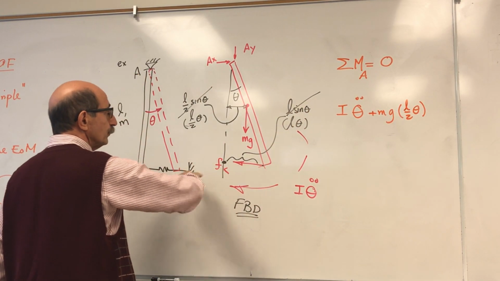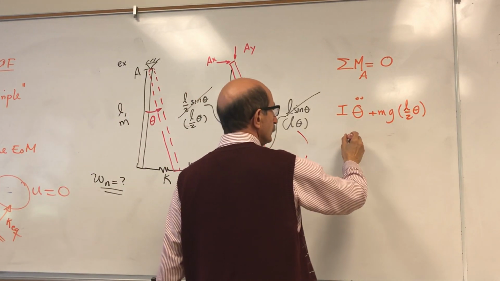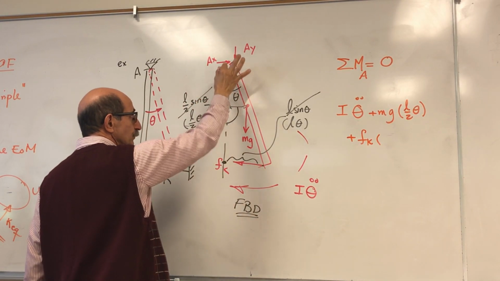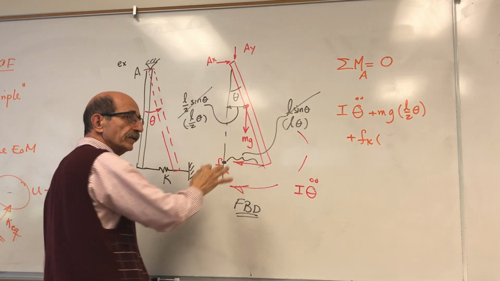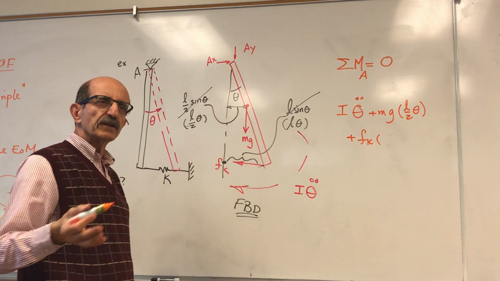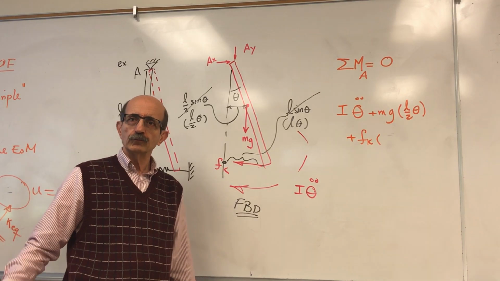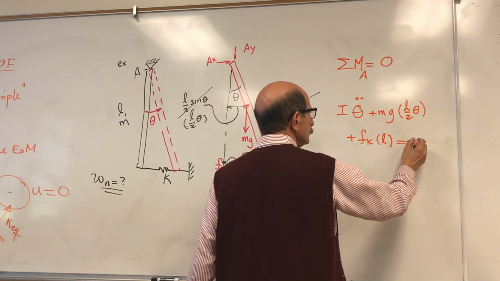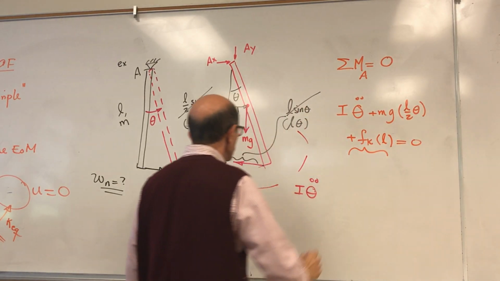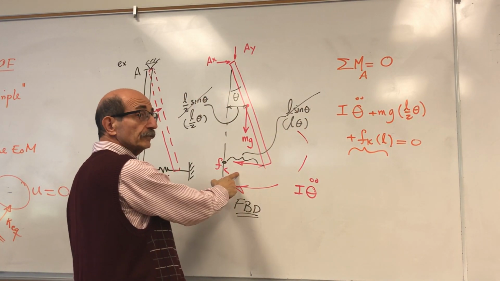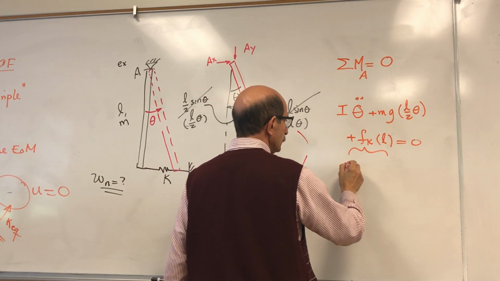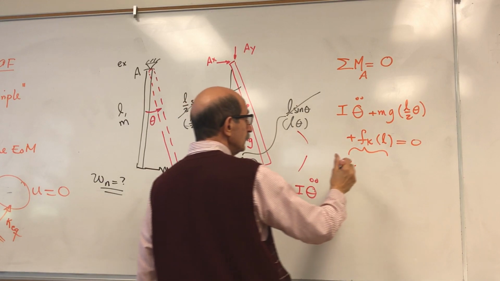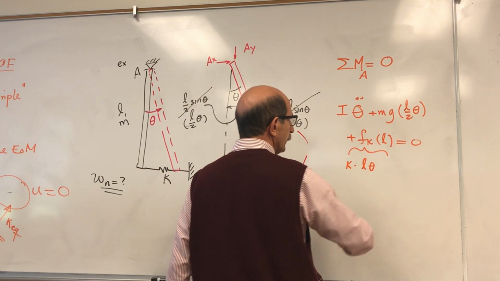Then you have this force, Fk, times this distance, which is L cosine theta, but since theta is very small, cosine theta is almost 1. So it would be just L, equal to 0. Fk is the stiffness of that spring times the deformation, which is L theta.